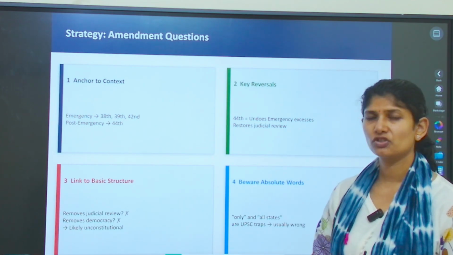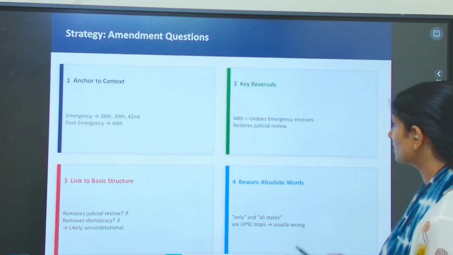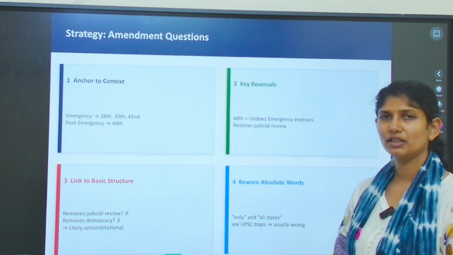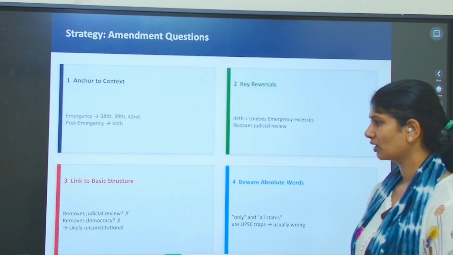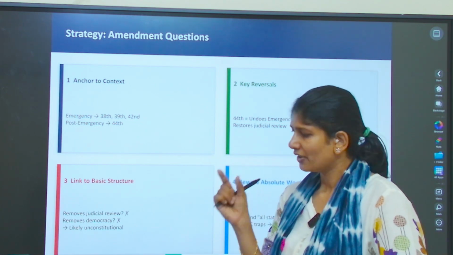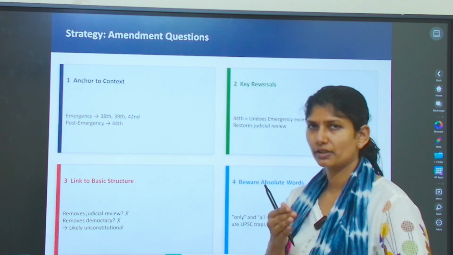So post-Emergency would be the 44th. I'm targeting your 1970s decade. The 44th Amendment was largely in order to undo your Emergency excesses. So you have to link it to your basic structure also, whether the statement they have given is violative of basic structure or not.